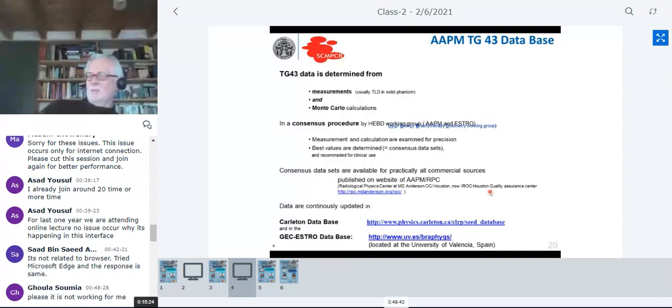This is a website where you find a list of the sources for which consensus data exists, and then from there you get a link to the databases. The databases are the Canadian database at Carleton University in Toronto, or the Graphics database at the University of Valencia in Spain. These two sites down here are where you can actually find your data.